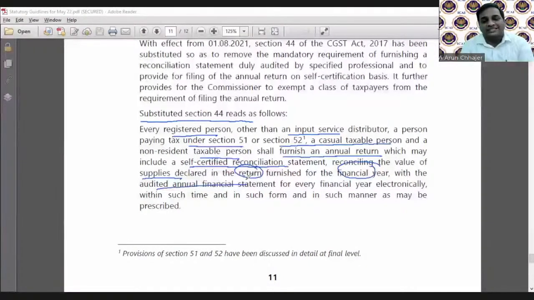So what is the GST audit? GST audit is nothing but the reconciliation between the transaction sale data reported in your GST annual return with your audited financial statement. You are reconciling the value between GST return and audited financials within such time and such manner as may be prescribed.